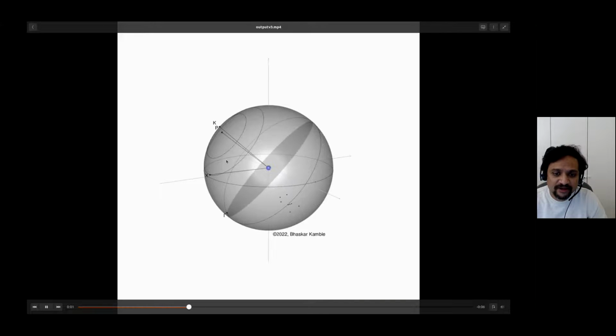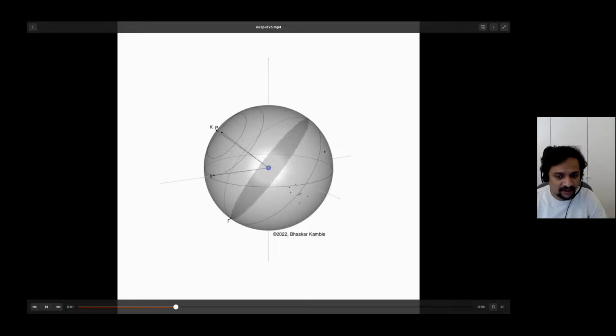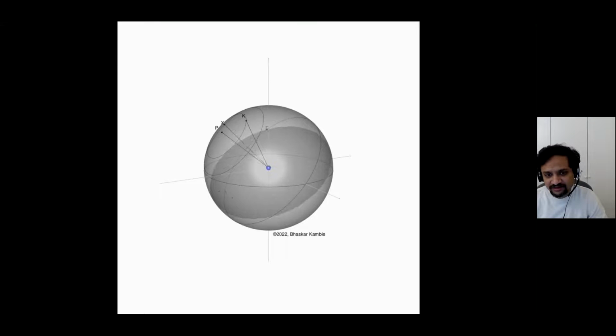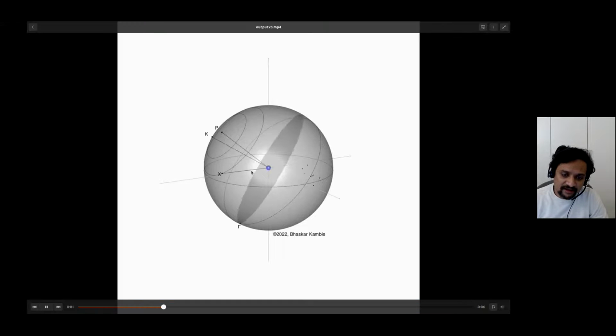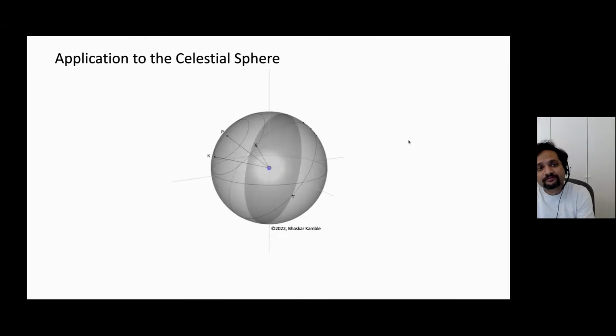The ecliptic pole also rotates, and the point of equinox, and all the stars and planets appear to rotate. Here I've shown the constellation Orion. Likewise, all other stars appear to rotate about the Earth, and they rotate in a circle. For example, for X, you can see this circle. These circles are known as the diurnal circle, which relates to the rotation of the Earth.